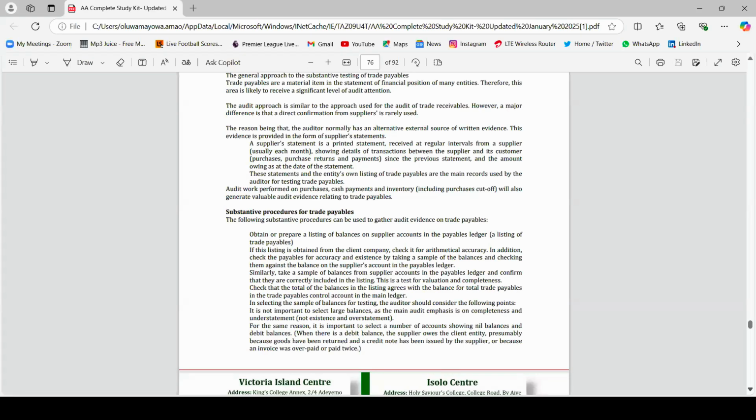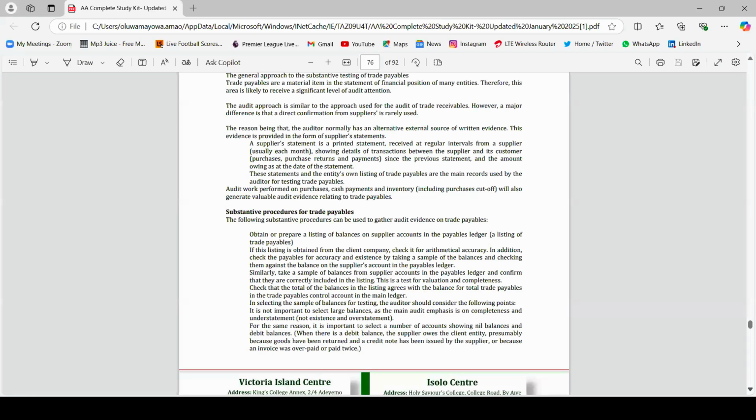Now, when you are sampling, it's not necessary that you test all payables accounts. Just look for a reasonable number. Look for accounts that are probably small or accounts that are big. You have different parameters. In the payable ledger, you can have some that say we are not owing a certain supplier, zero naira.